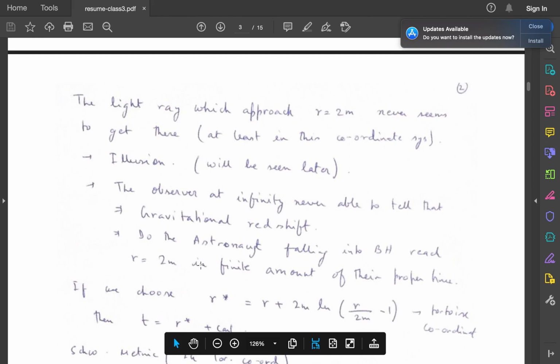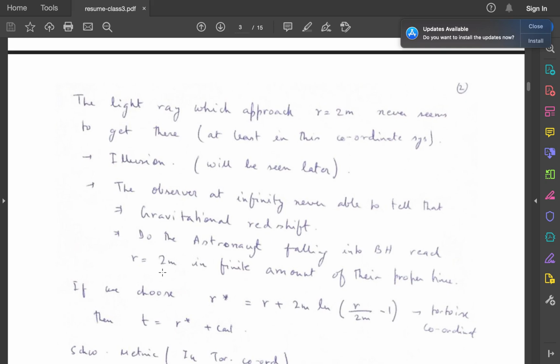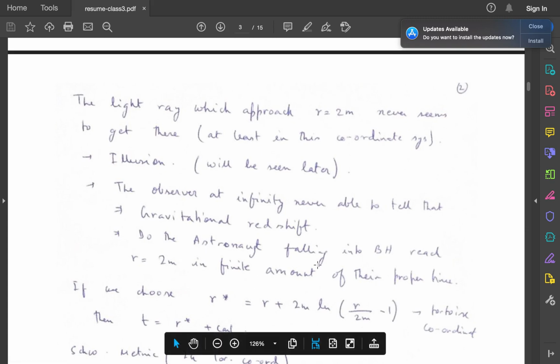Of course, gravitational effects in black holes are very high, so tidal effects are such that they will tear this astronaut apart into pieces, and atoms will be torn apart. However, if I can construct something which overcomes all this, then in their proper time they can reach r equal to twice m.